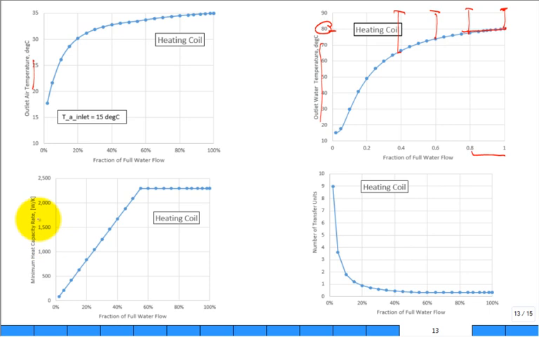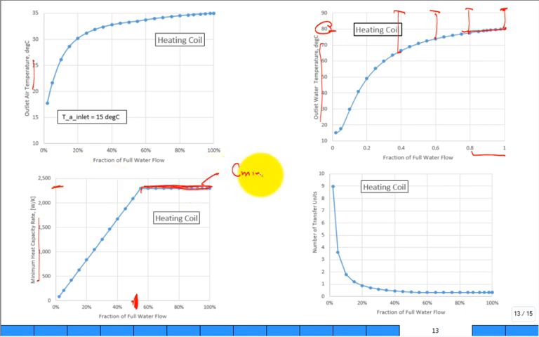You could also look at the minimum heat capacity rate. Why is it flat until I get to a certain flow rate? Why is the minimum heat capacity rate constant at whatever this is, 2,400? Can you explain why that's flat? What is this again?